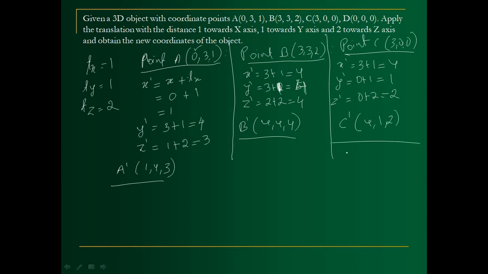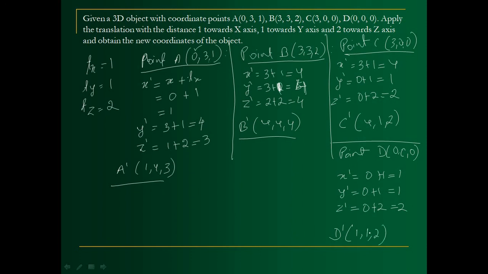Now let us consider point D, which is (0, 0, 0). Your x dash will be 0 plus 1, which is 1. Y dash will be 0 plus 1, which is 1. And z dash will be 0 plus 2, which is 2. Your new point D dash will be (1, 1, 2).